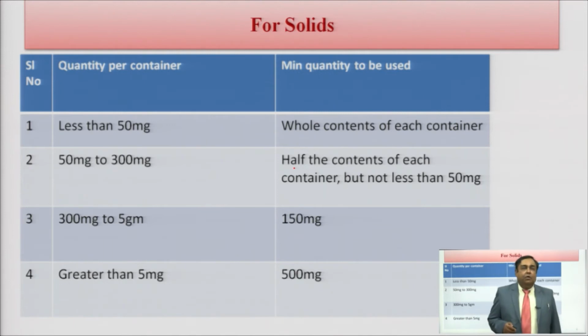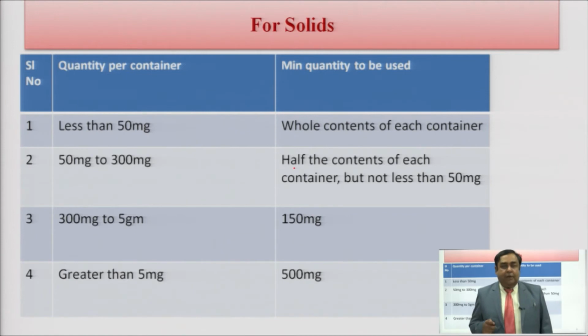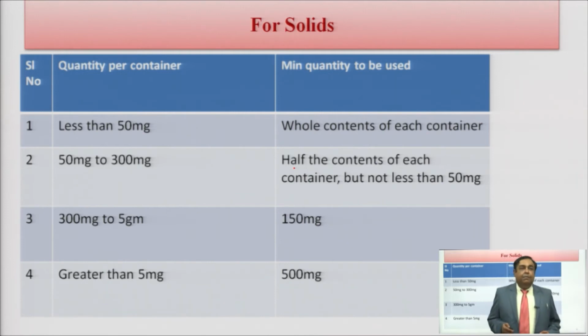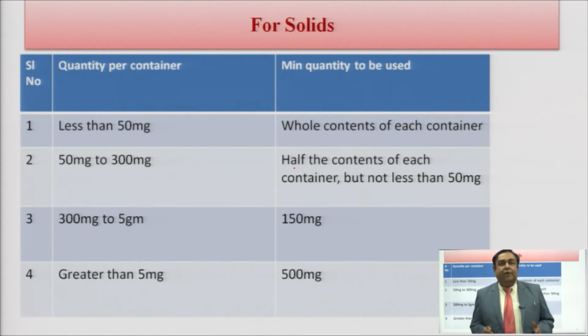If the quantity per container is 300 milligram to 5 gram, the Indian Pharmacopoeia recommends that you take 150 milligram during the test, and if the solids are greater than 5 gram, at least you have to take 500 milligram of the tablets or 500 milligrams of the solid.